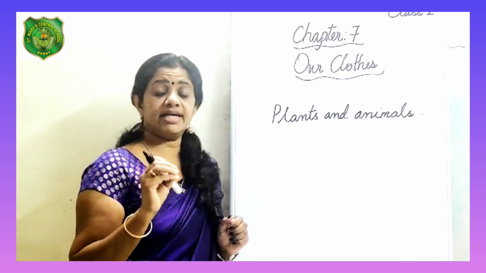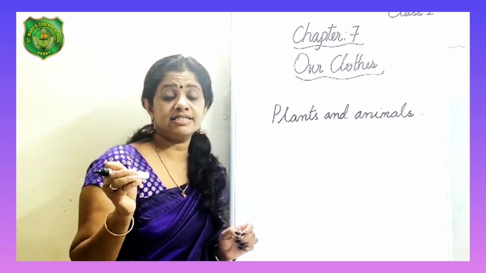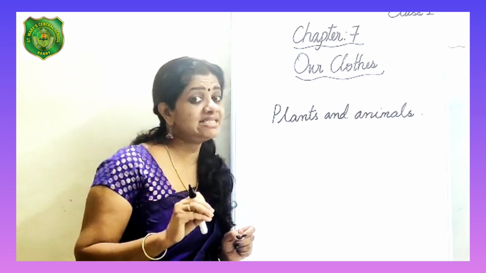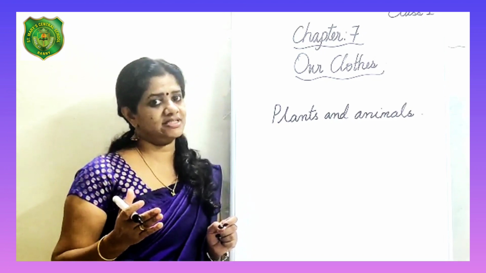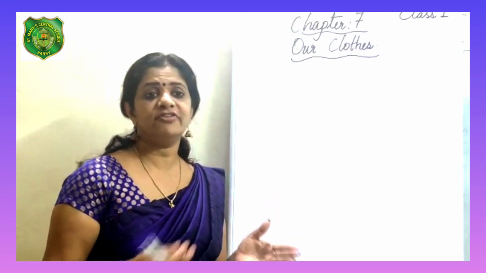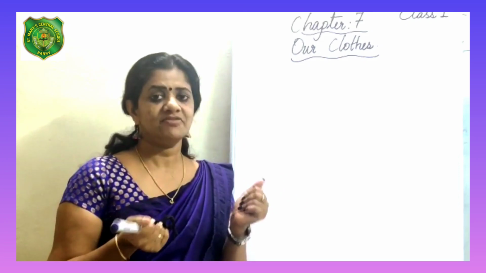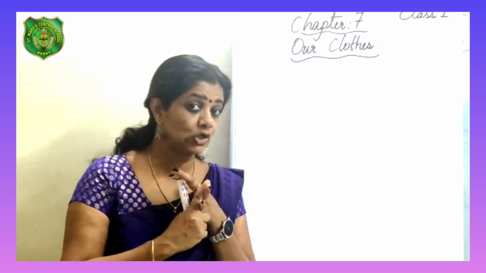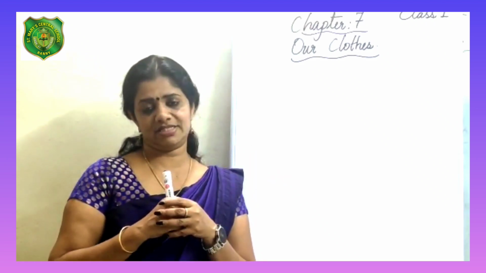From where do we get cotton, woolen and silk clothes? We get these clothes from plants and animals. Okay.